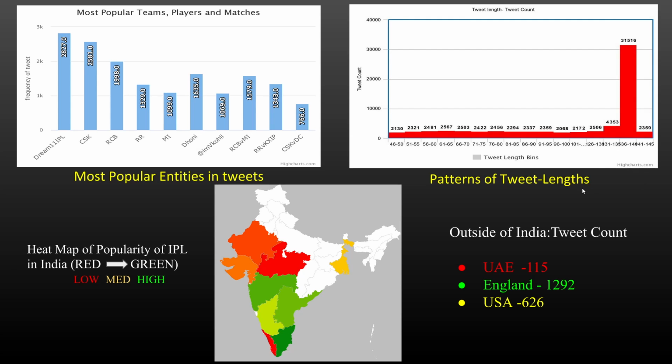That could be the reason why we see a spike in that region, where 140 to 150 has an abnormal increase in the frequency.